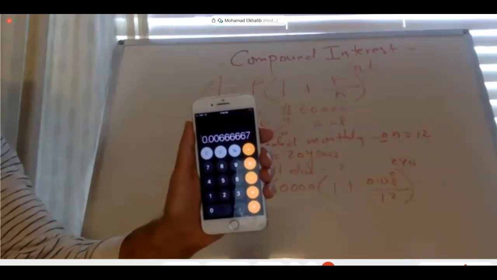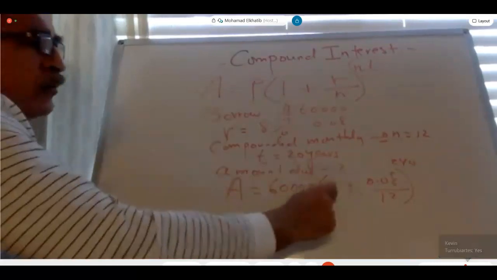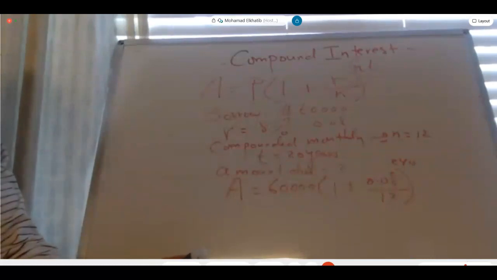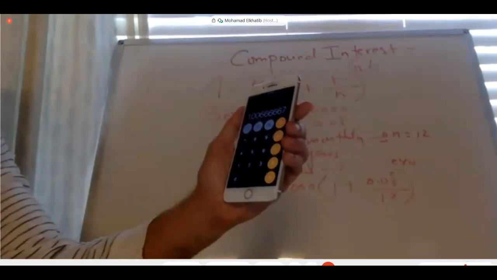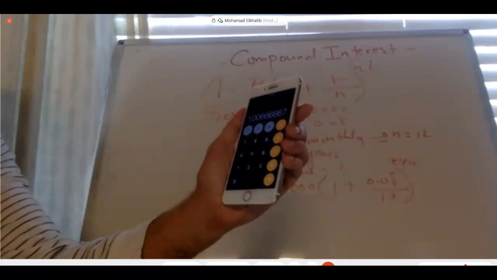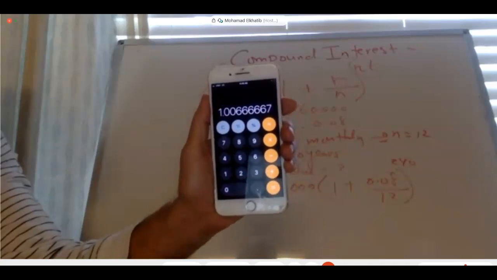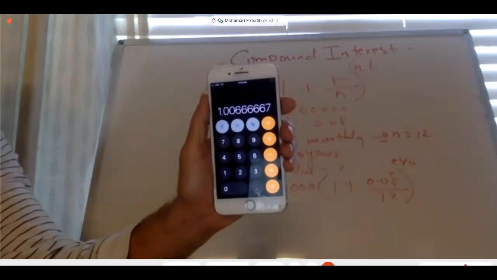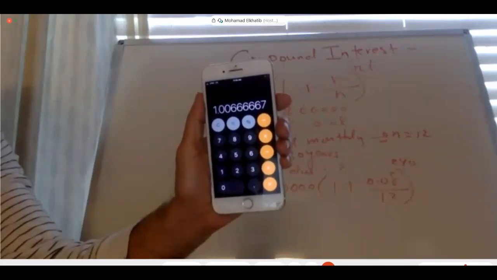Okay, I'm going to go very slowly, class, because this is going to be a challenge for you guys to get the answer. Step 2, add 1 plus that, equals. Now I should get 1.00666667. Are we good? Yes.